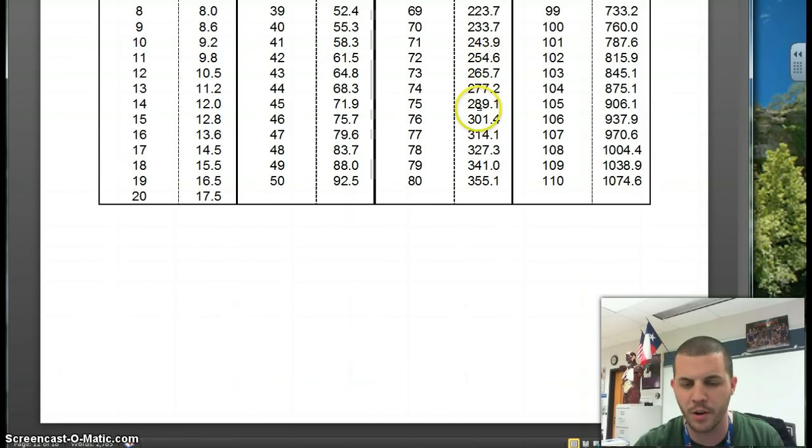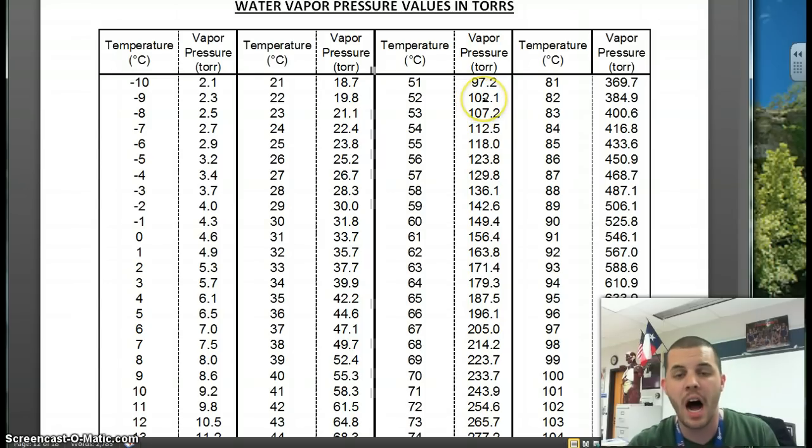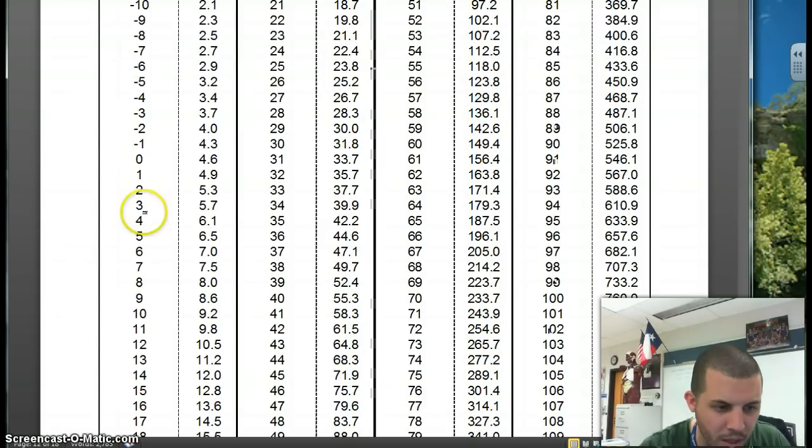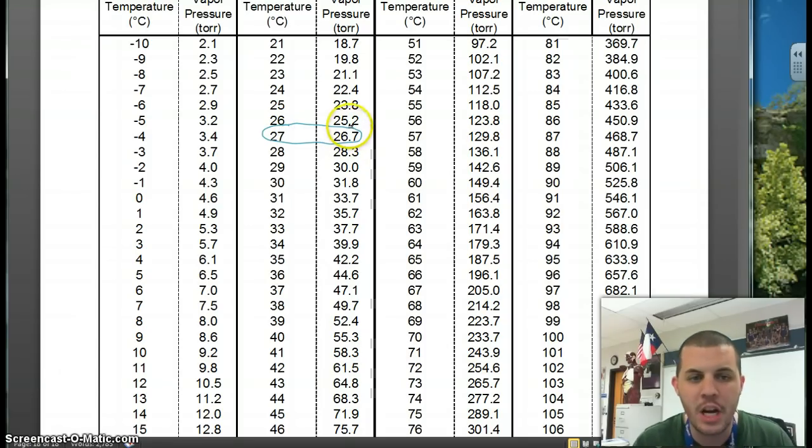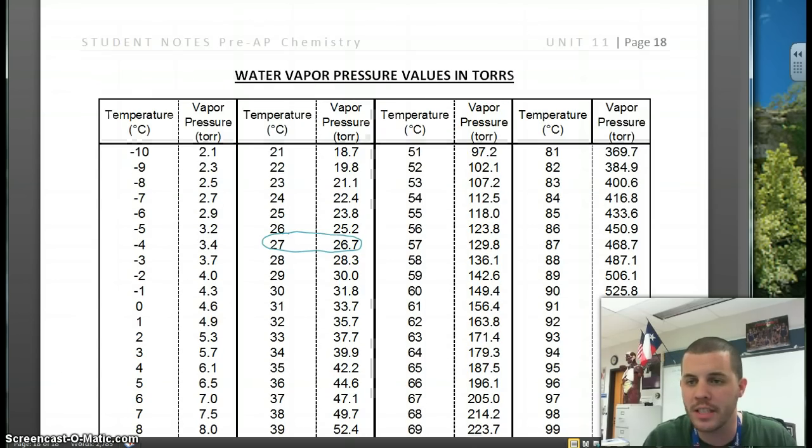It's all in torrs. So I need to find 27 degrees, where is that? Oh, here it is right here. And so what I know now is that at 27 degrees, the vapor pressure of water is 26.7 torr.